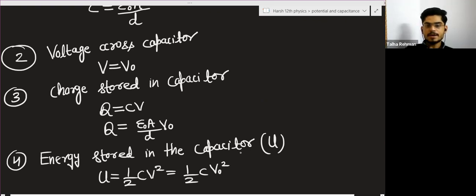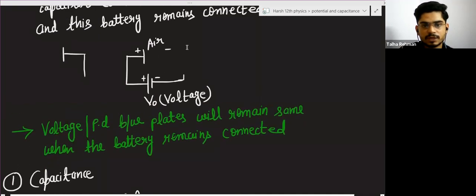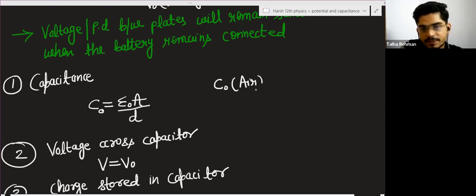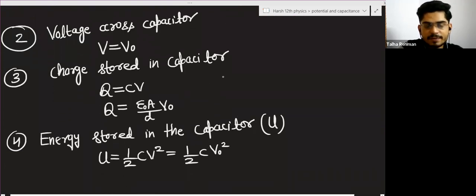And I want to change one thing here. So write here capacitance C naught, because we represent C naught as capacitance when air is present. And I am writing charge Q naught.